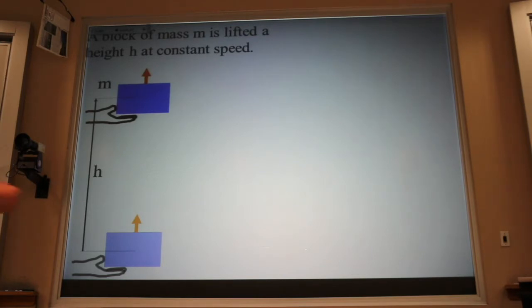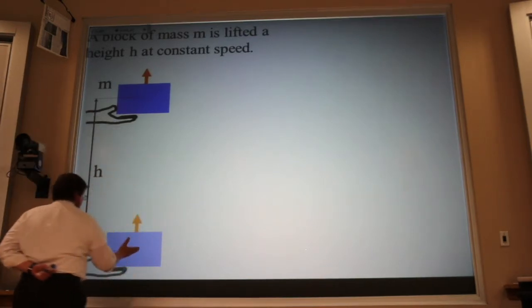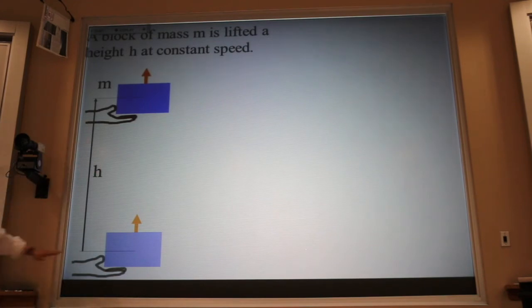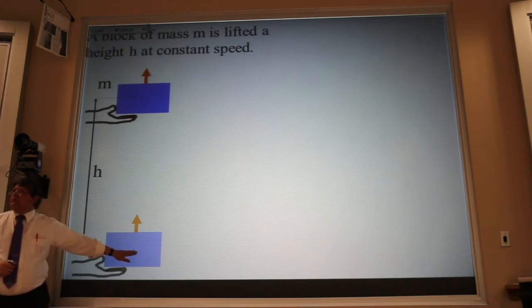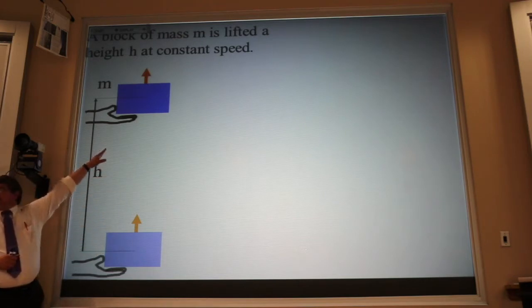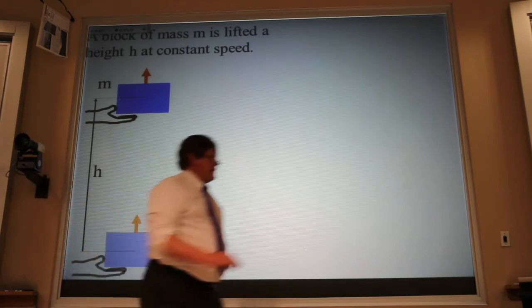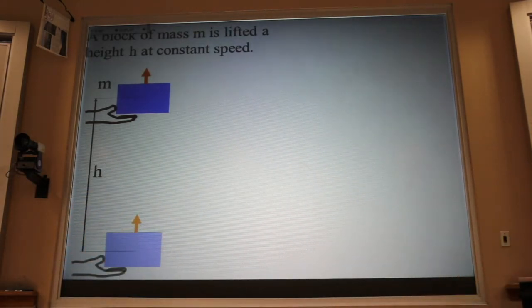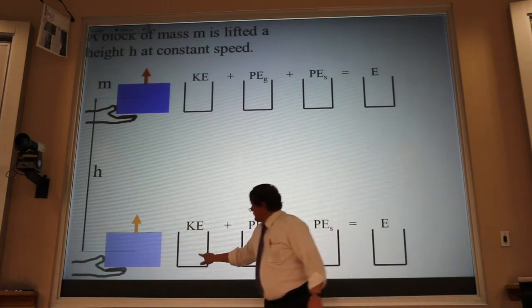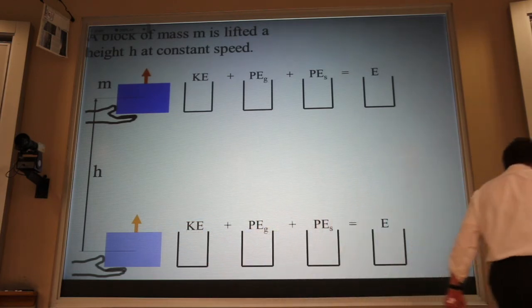Watch. If I take a box and move it up a distance h, and I do it in a special way, the box was already moving slowly when you opened your eyes, and it kept moving slowly at a constant rate all the way up. Now if I look at the buckets down here, because it's moving, it's got some kinetic energy.